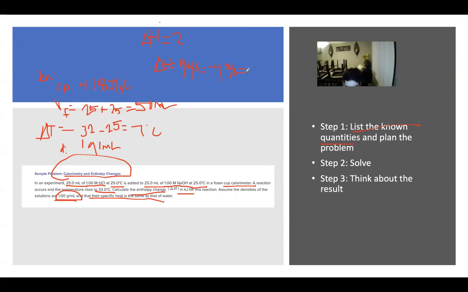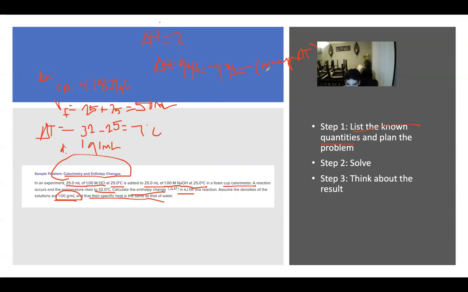And then you equate that to negative mass times specific heat times your temperature change.